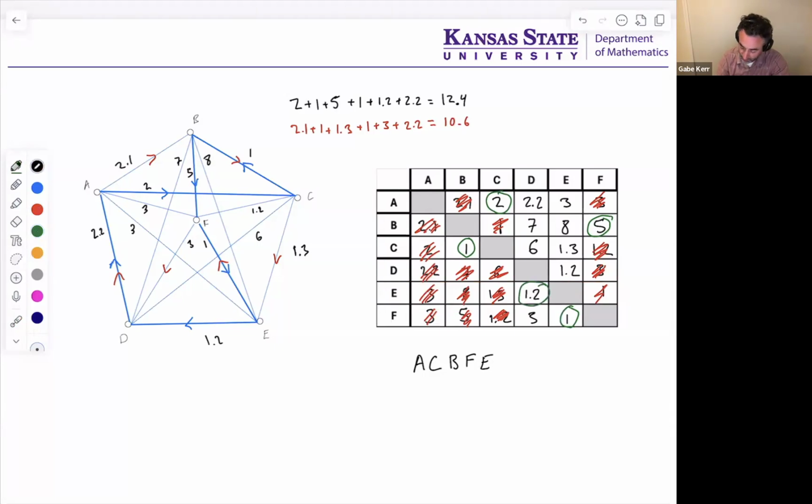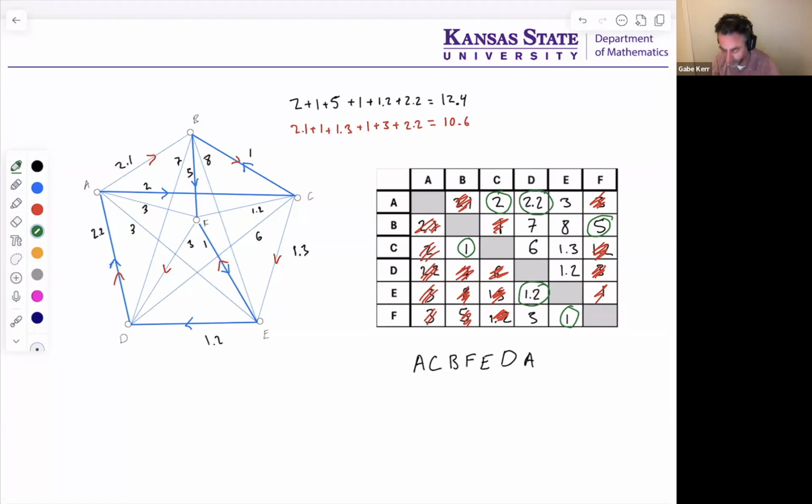We'll write down D. And now we're done. We've gone A, C, B, F, E, D, and we return to A. When we know that we're going to DA, we can circle that in green as well, because we know we're going.